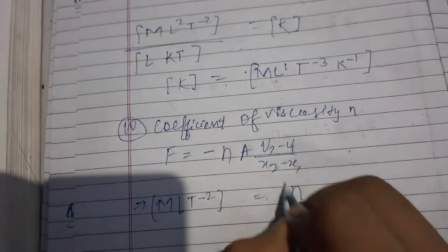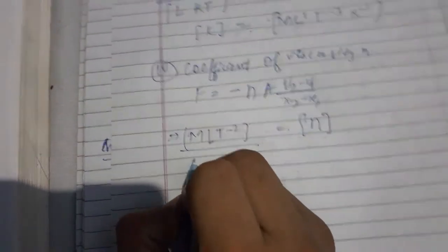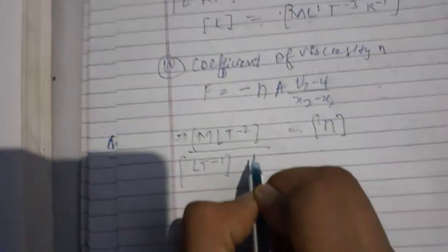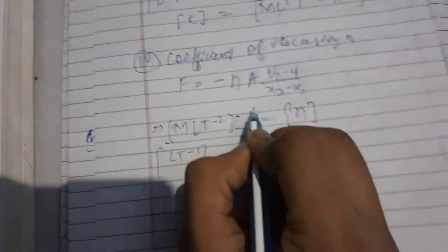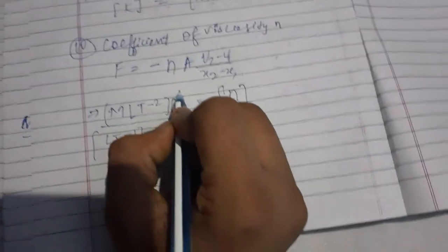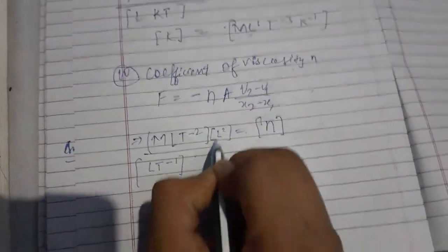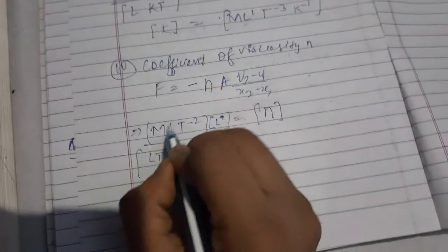We have to take this in the denominator of the LHS side. So velocity minus velocity will be velocity, that is L T minus 1, and distance x will be L, and area will be L square. So this will cancel out.